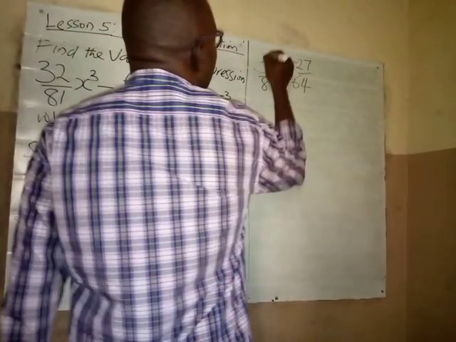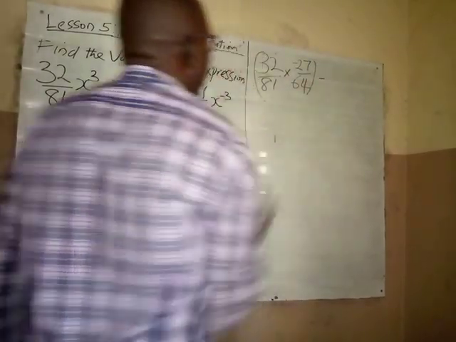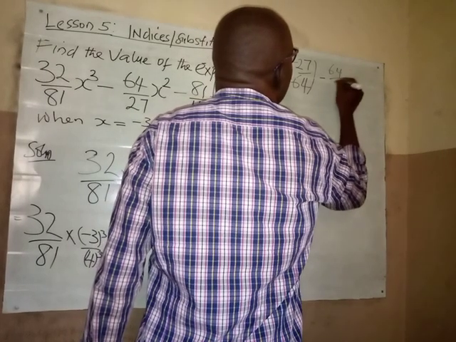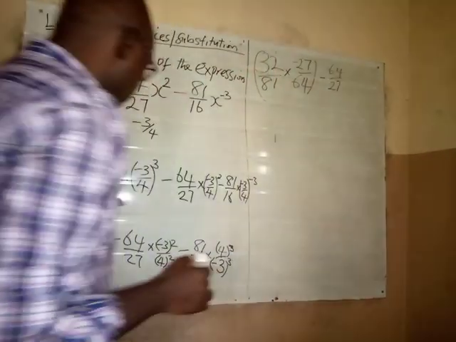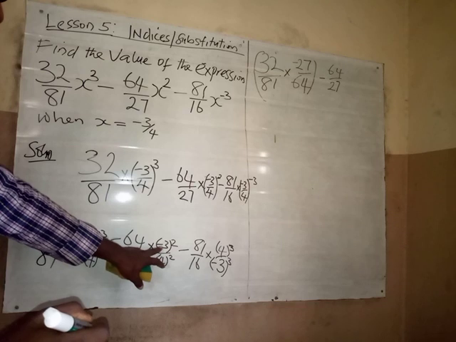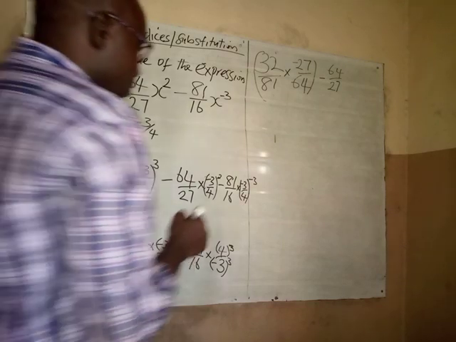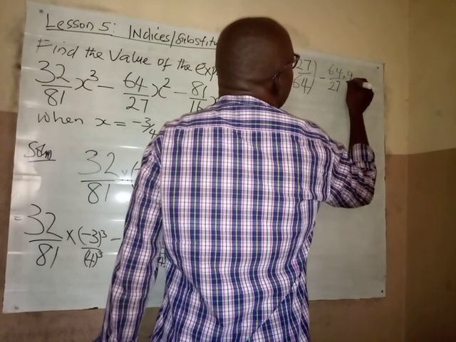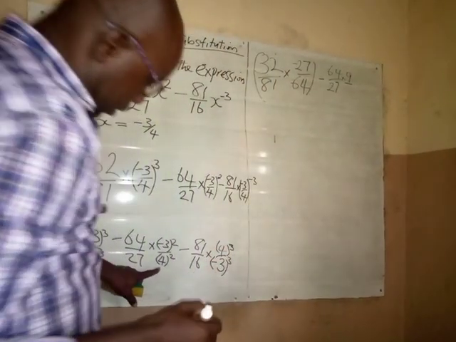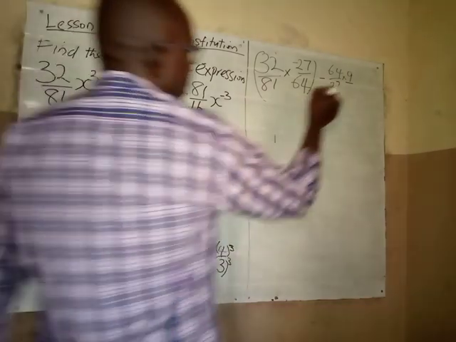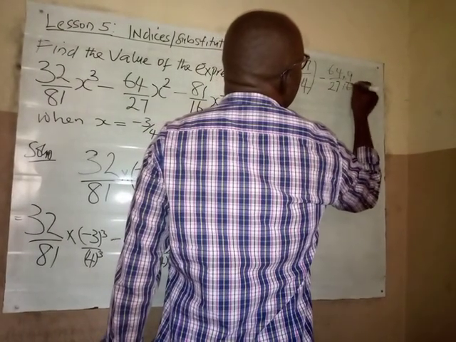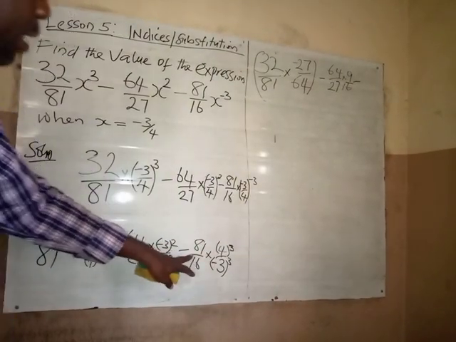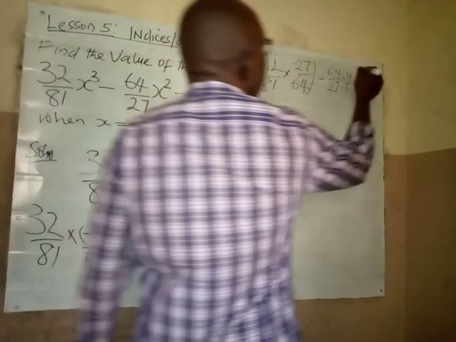Then minus 64 over 27 times minus 3 times minus 3 will give me plus 9, over 4 times 4 will give me 16. Then minus the last one, 81 over 16.